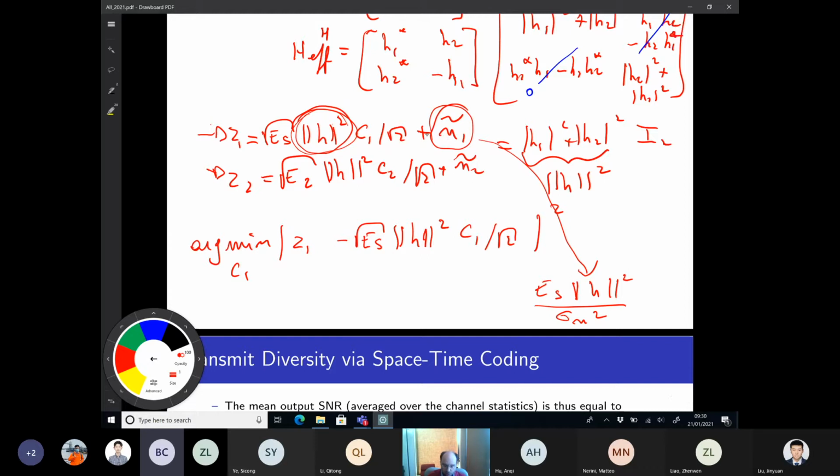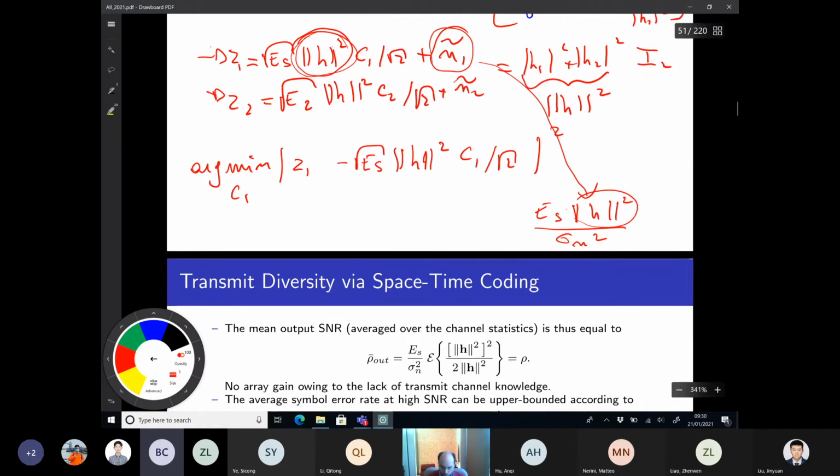When you take this and divide by this, you end up with this. You can do this at home. There is no major complexity here. So you end up with the instantaneous SNR that is given by this, and you additionally have a 2 there that comes from the square root of 2, right? So you end up with rho multiplied by the norm of H squared divided by 2, right? This is what we have here.